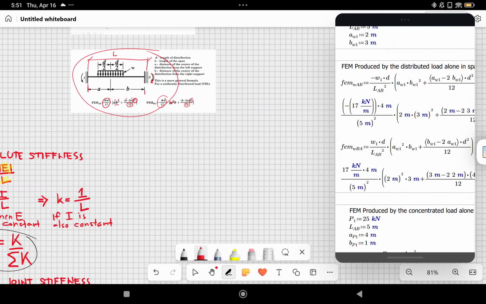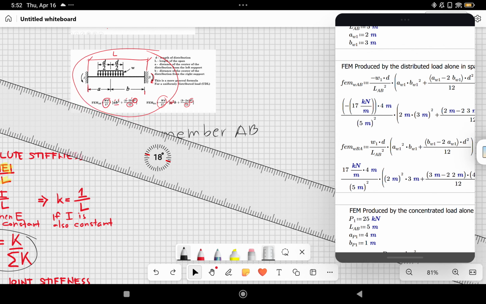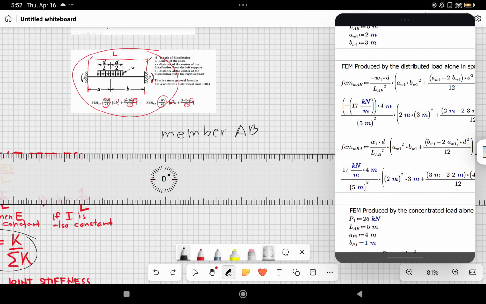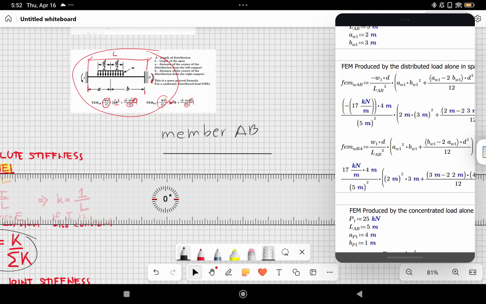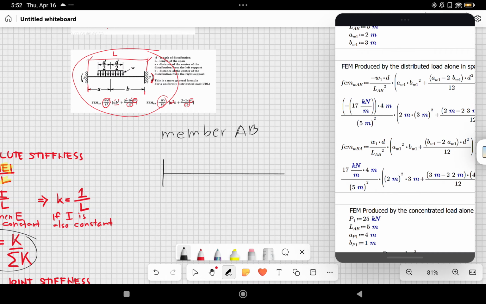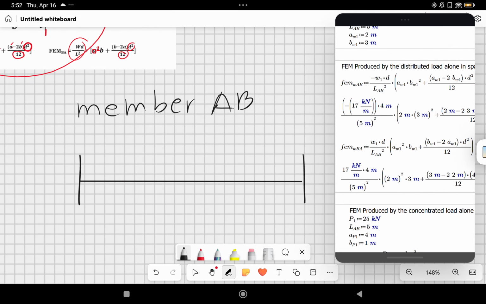So if we consider member AB, if we assume it as fixed, meron tayong distributed load dito.